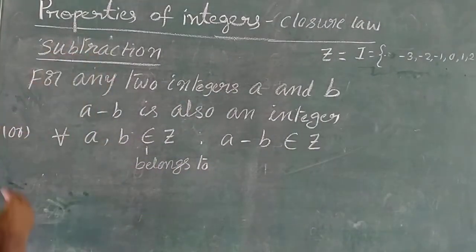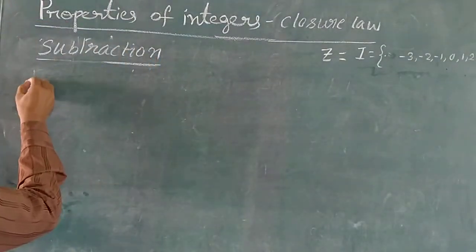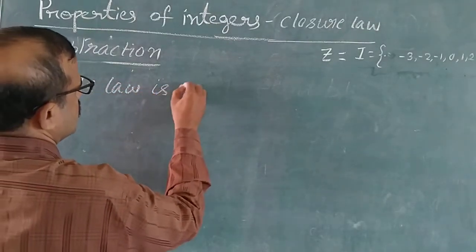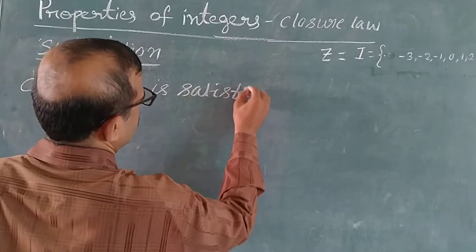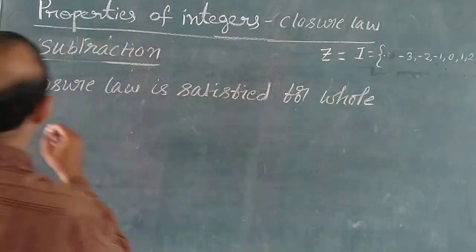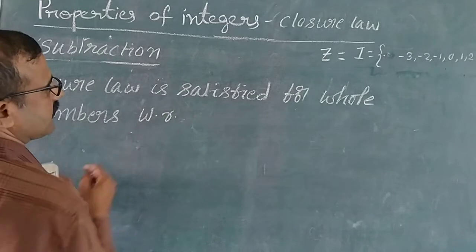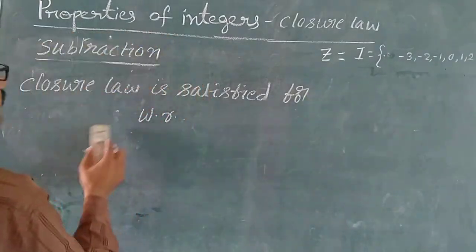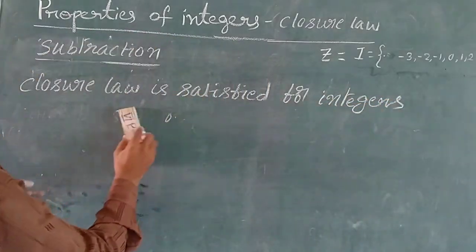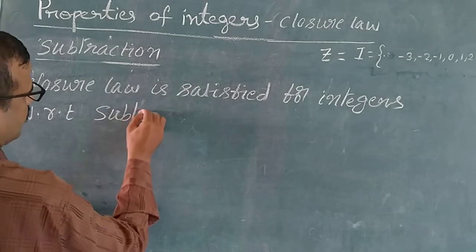Okay, children. So from this subtraction, closure law is satisfied for whole numbers, in the same way for integers also, with respect to subtraction.